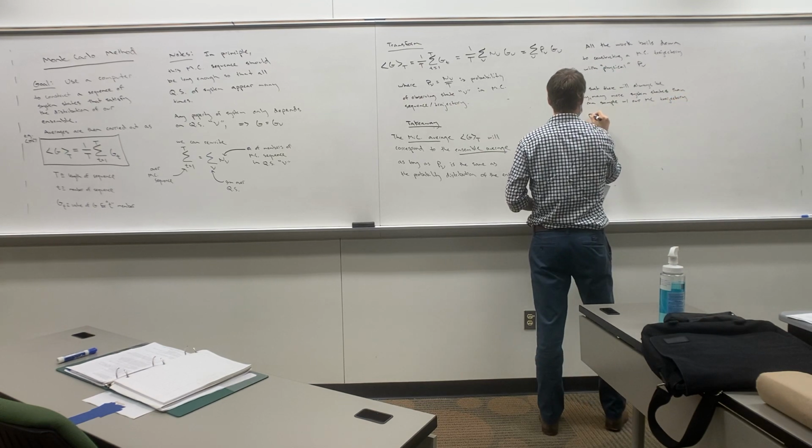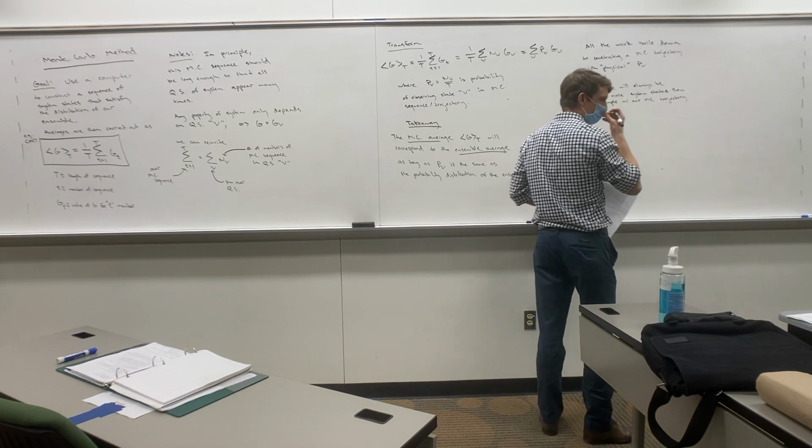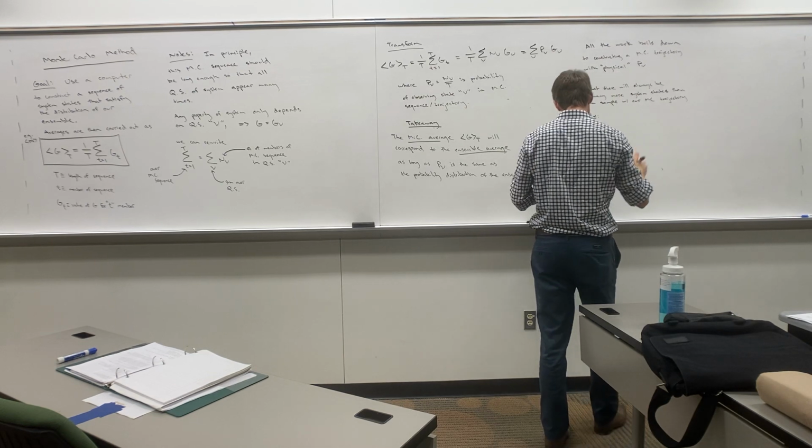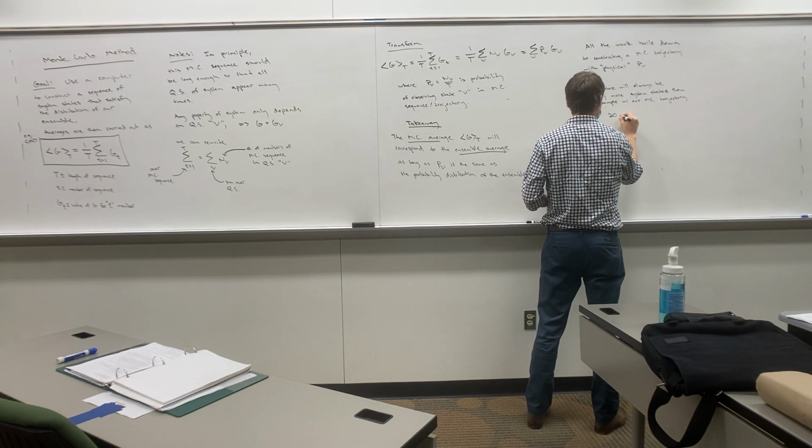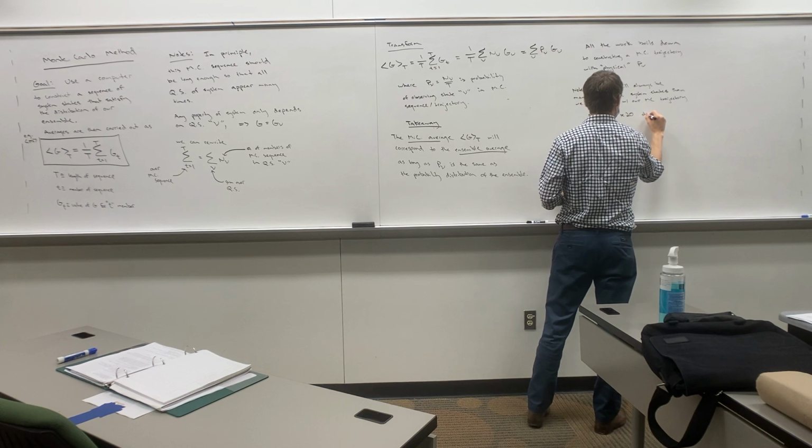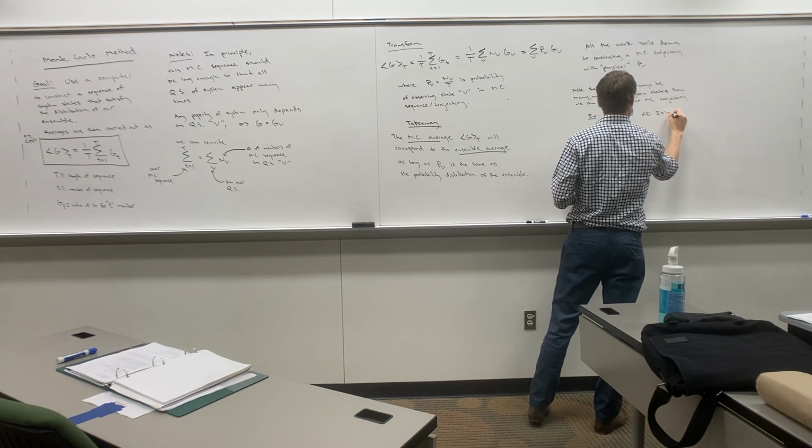Okay, and so let's just think about an example of this. Suppose we have a 20 by 20 Ising model, a 2D Ising model.